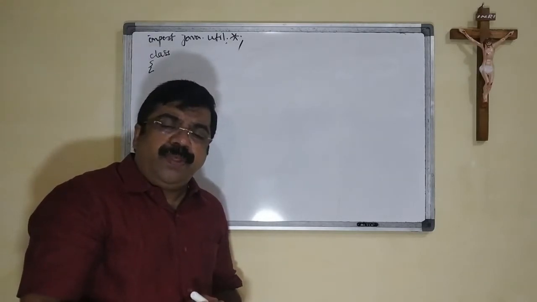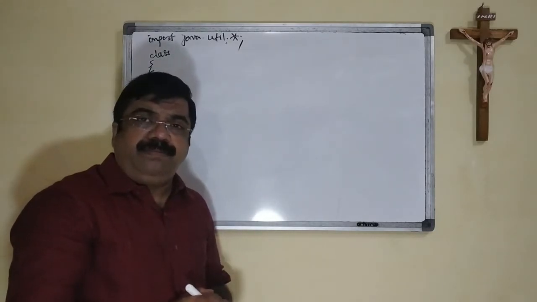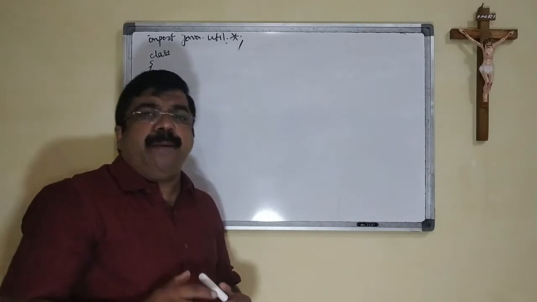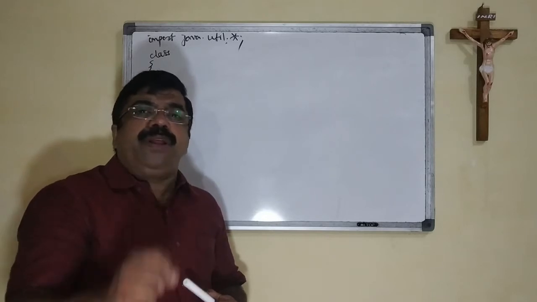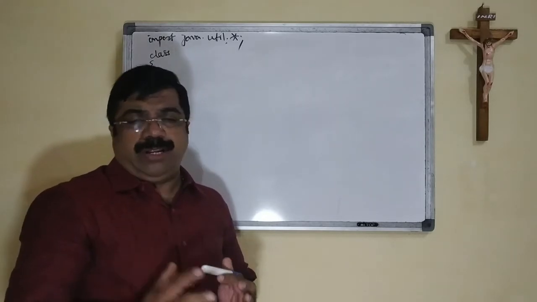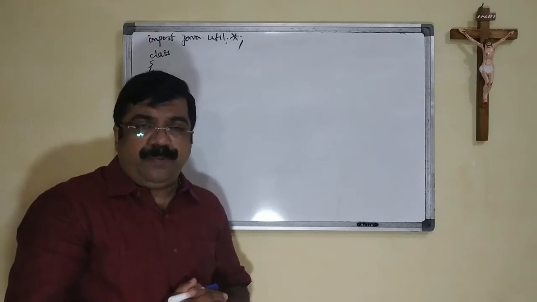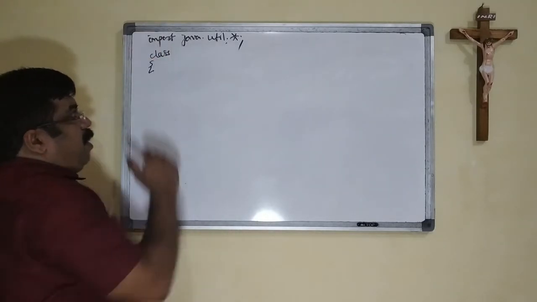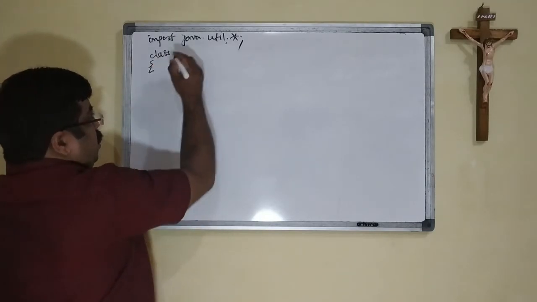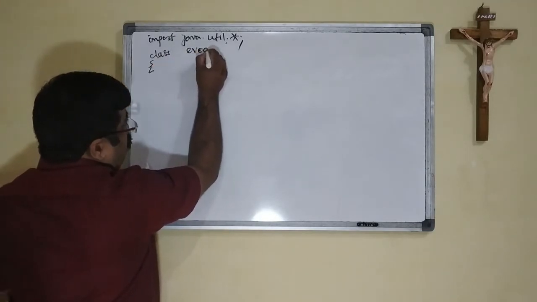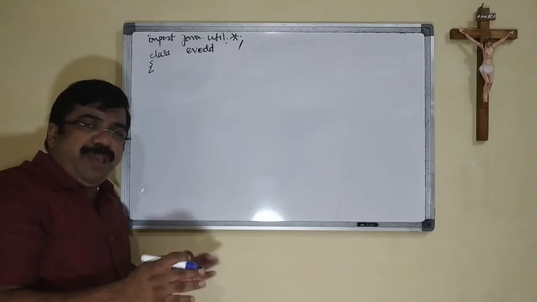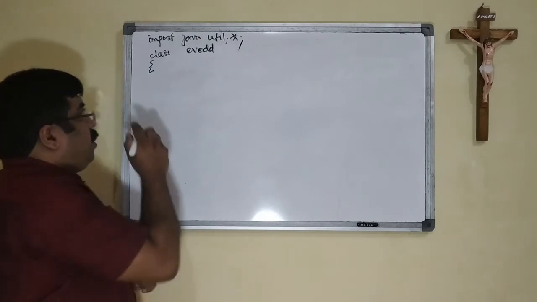Now, let us see another example: to input a number and print whether it is even or odd. So let us say import java.util.*; class with the name EvOdd, anything you wish to give, but it should be a valid identifier name.